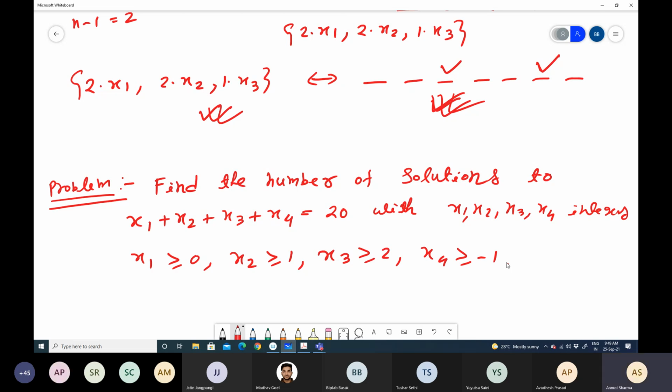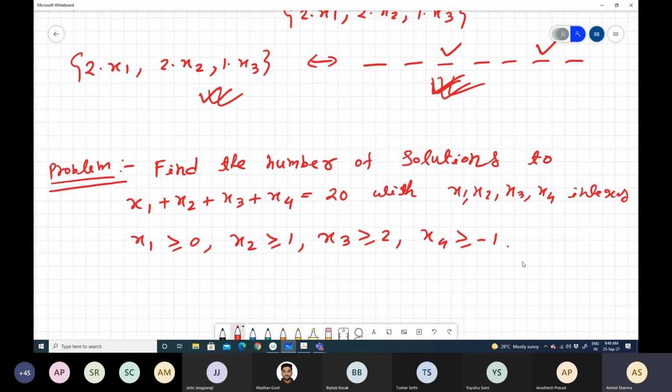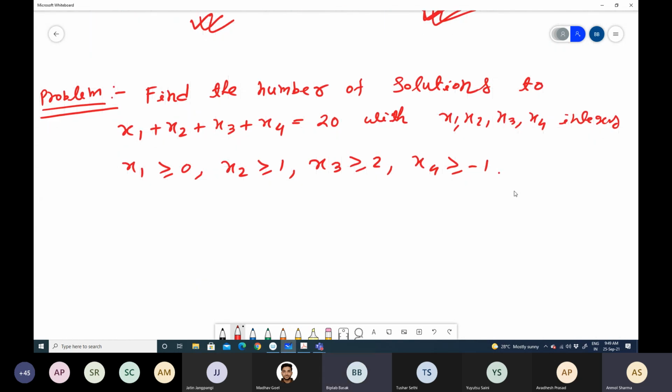Sir, we can write x2 as 1 plus a2, x3 as 2 plus a3. Exactly, then the problem is similar to the previous one. Thank you. In the previous one we have seen that all are just non-negative. So here, since x2 is greater than or equal to 1, we can write it as x2 minus 1 greater than or equal to 0.